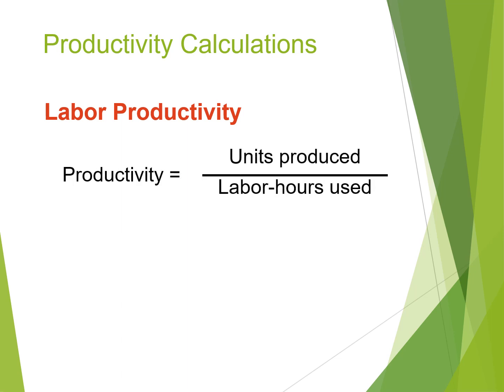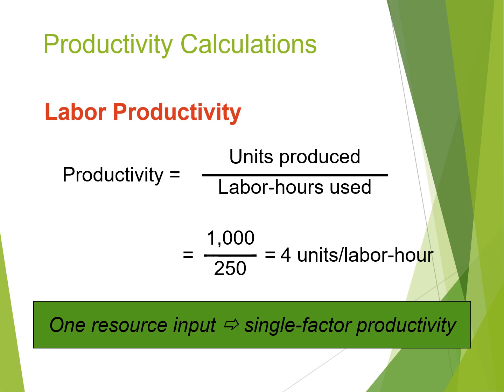And this slide provides an example of a single factor productivity measure, in this case the common measure of labor productivity. If units produced were 1,000 units and the labor hours used are 250, then 1,000 divided by 250 equals 4 units produced per labor hour.